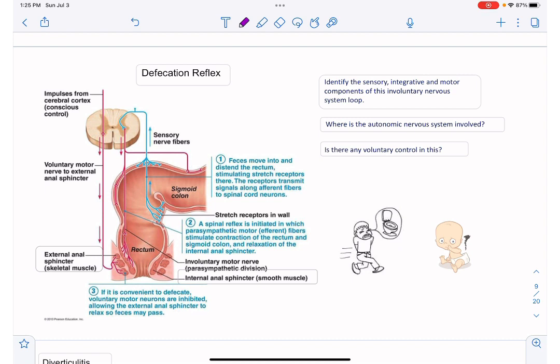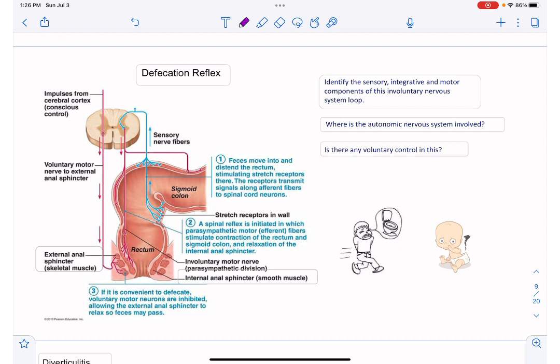So let's identify the different parts of this defecation reflex. And the first thing that we need to do is identify the sensory stimulation. With the reflex loop, it always begins with some sort of sensory information. So what is the sensory stimulus in this particular instance?